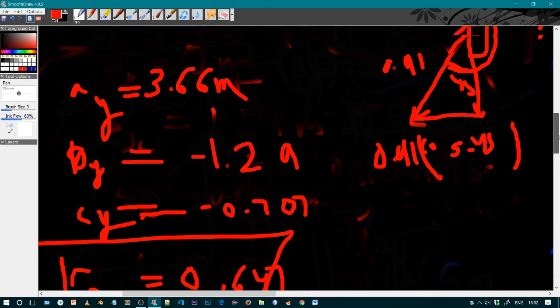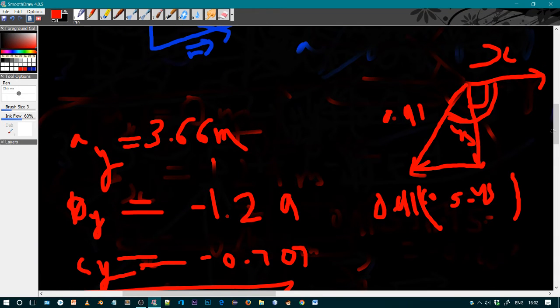So I'm going to take out this value, which I believe is 0.707. Wait, let me check. Oh, it's a wrong value. I forgot to multiply by 0.91. So it would be minus 0.643.